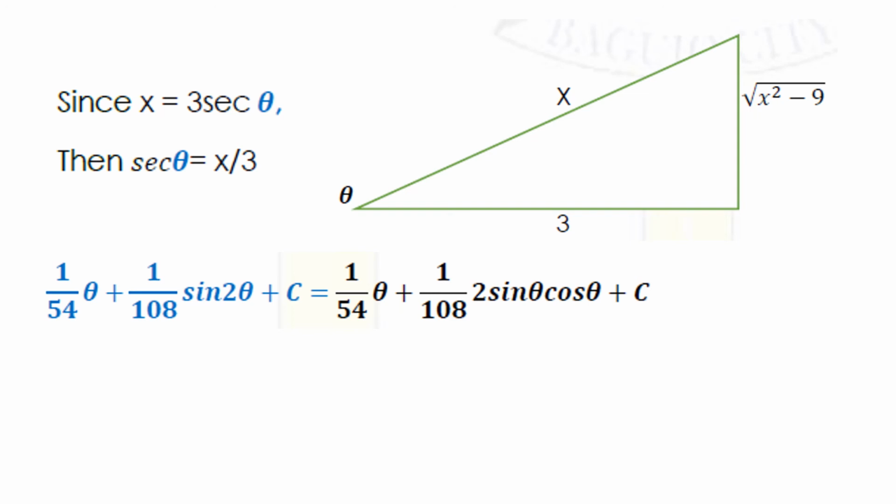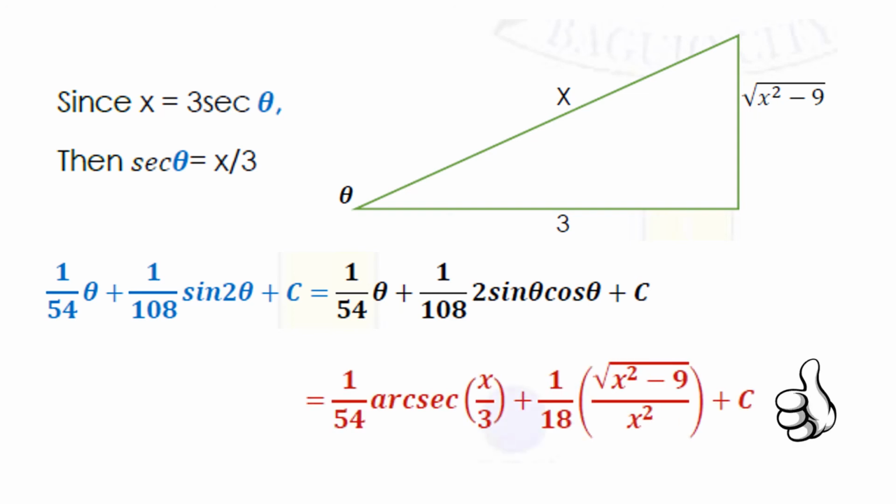So our final answer becomes 1 over 54 times the arc secant of x over 3 plus 1 over 18 times the quantity square root of x squared minus 9 over x squared, plus c.